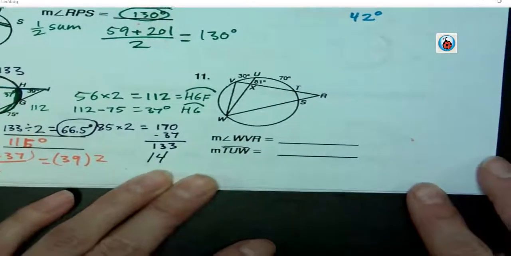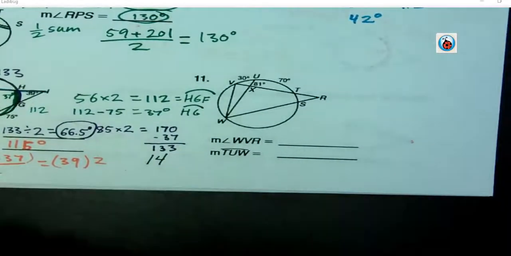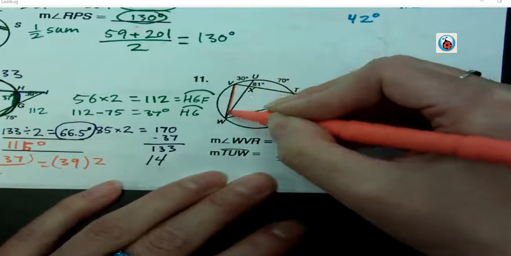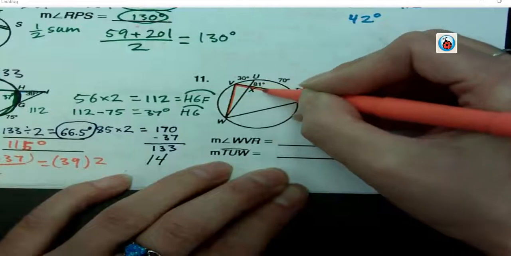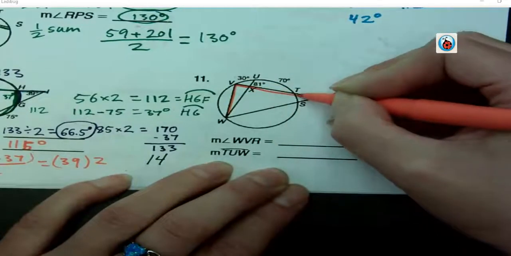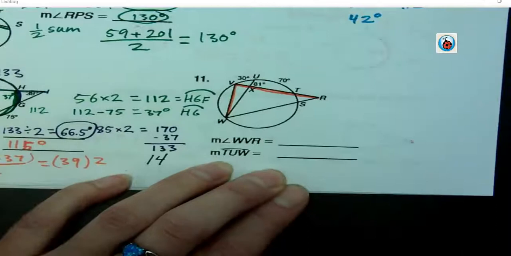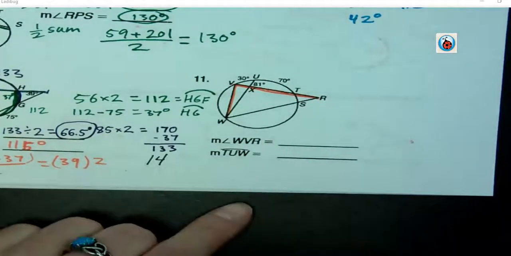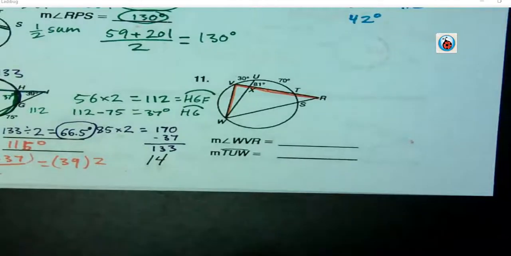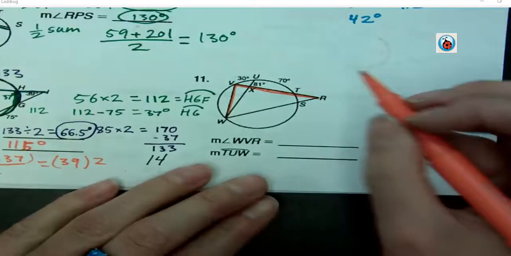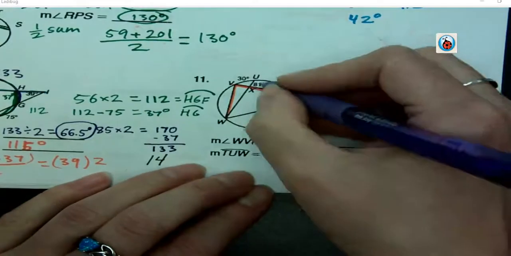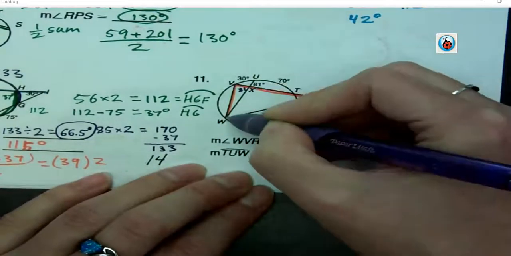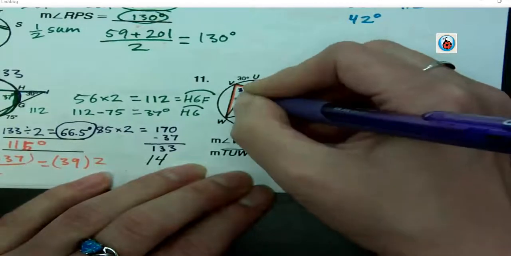Alright, our last problem, another one with lots going on. So WVR is this angle that I'm looking for. So there is nothing immediately that I can find with that. But I can start to recognize this is my vertical angle, so this is 81. This is half of 30, so this would be 15.